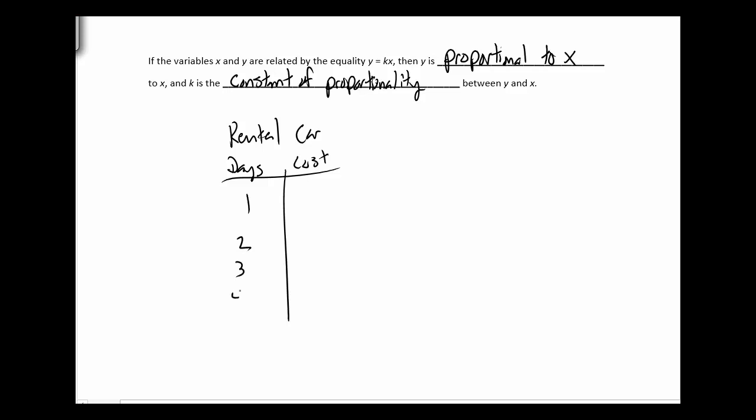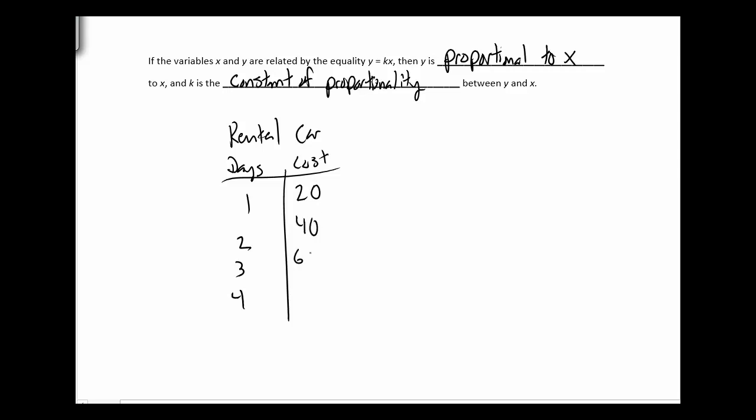Okay, I want to attach an example with this. Let's look at a rental car company. I'm going to give you the following information, and we're going to come up with a proportional relationship. We're going to look at days and cost. 1, 2, 3, 4. For 1 day it costs $20. For 2 days it costs 40.